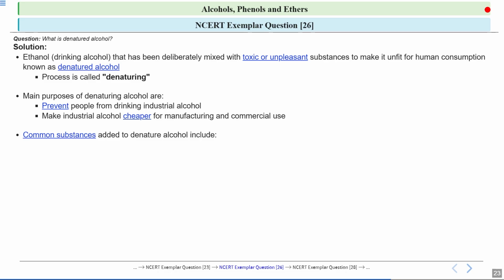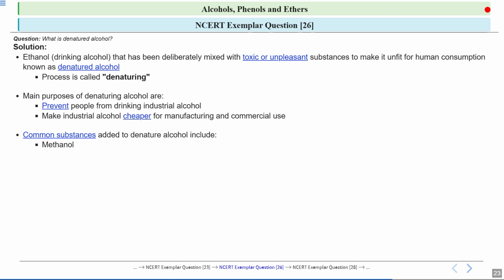Now, how do you make it unfit for human drinking? What are the common substances added to denature alcohols? It is methanol. Methanol is often used as an additive. Methanol is highly toxic. Even a minute quantity of methanol can cause the death of a person.